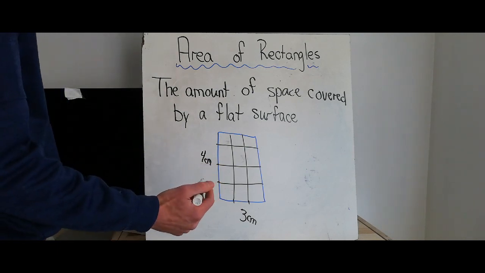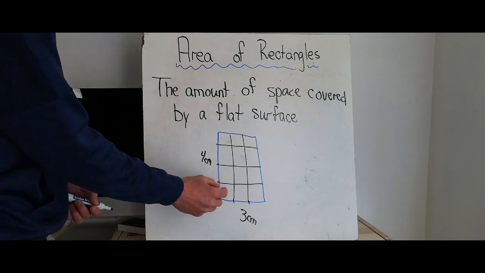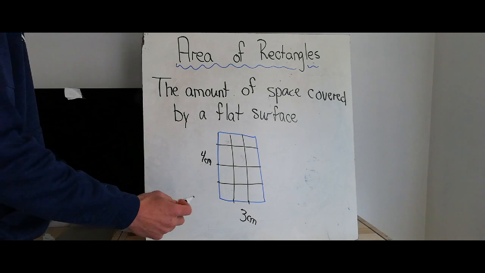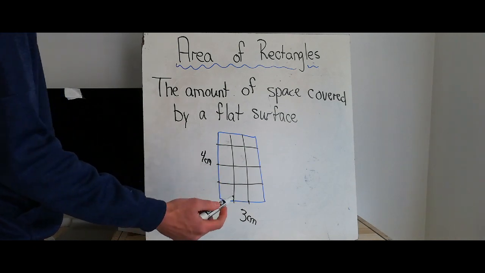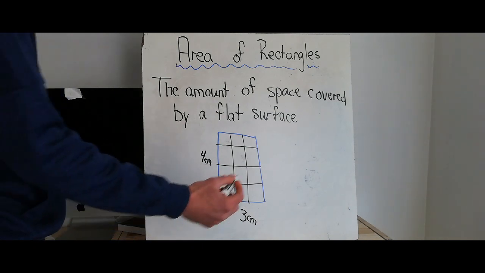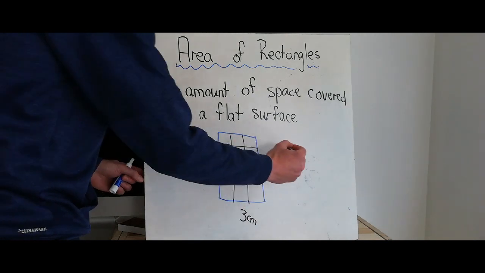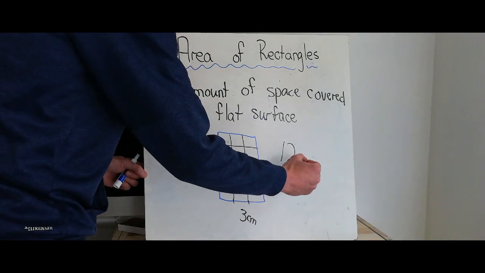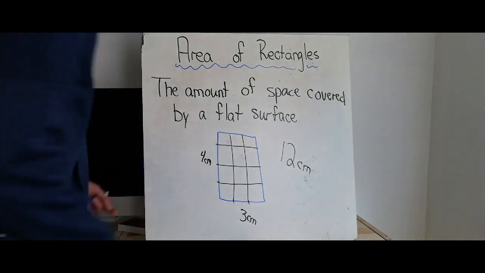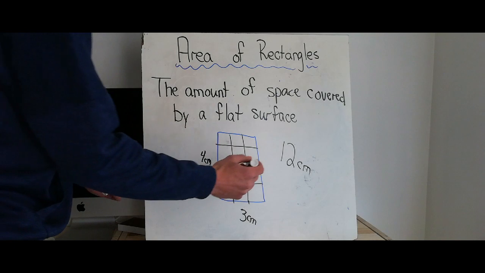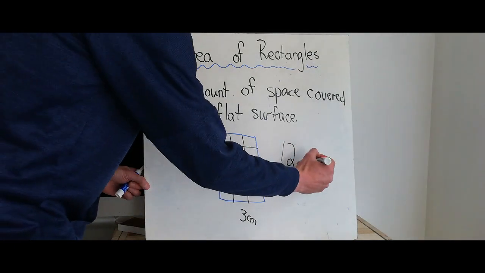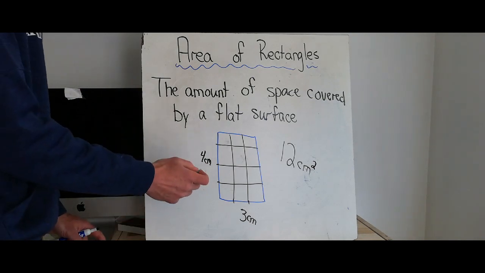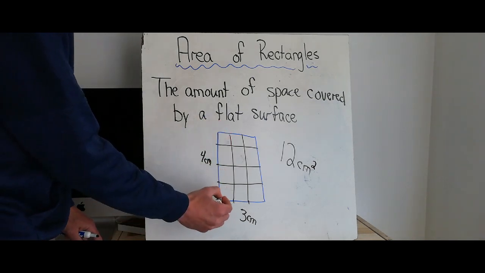Okay, so our area for this one would be 12 square centimeters, and this is the way you write this. There's 12 of these boxes, so let's say 12. It's in centimeters, that's your unit, but the reason we have something called square centimeters, I'm going to put this little 2, is because area is measured in 2 dimensions, length and width.